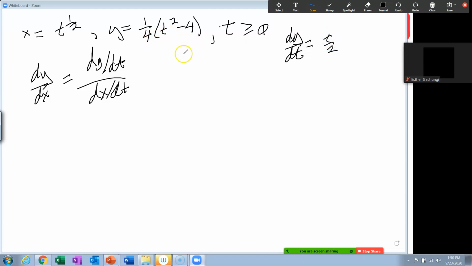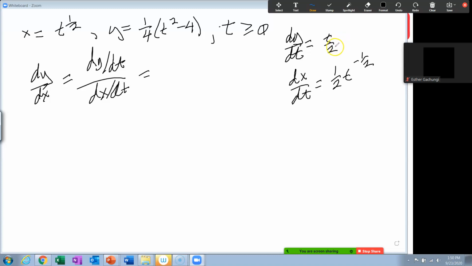The 4 doesn't contribute anything. dx/dt, on the other hand, is simply 1/2 t to the minus 1/2. Now, write the ratio of these two, and notice that you have a 1/2 there and a 1/2 there.